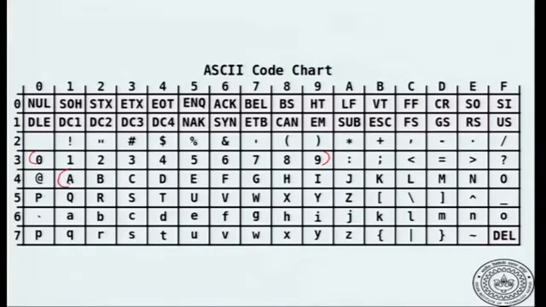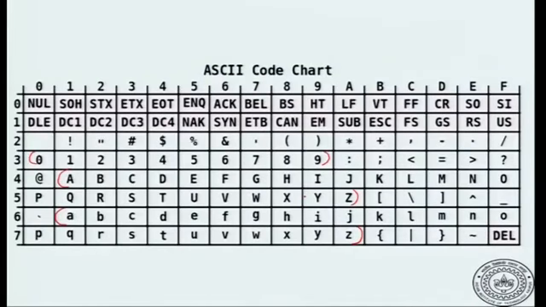All the capital letters from A to Z occur together in the table in alphabetical order. Similarly, all the small letters occur together in consecutive locations in the ASCII table. Also, another property you can observe is that the small letters occur after all the capital letters.